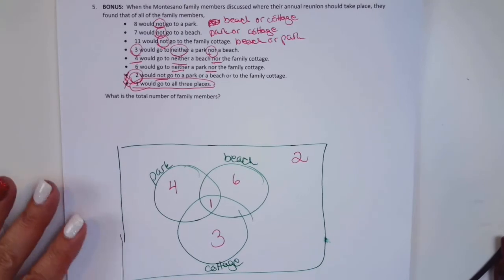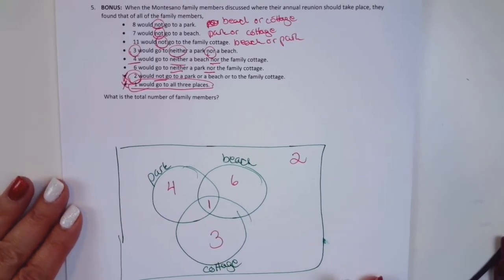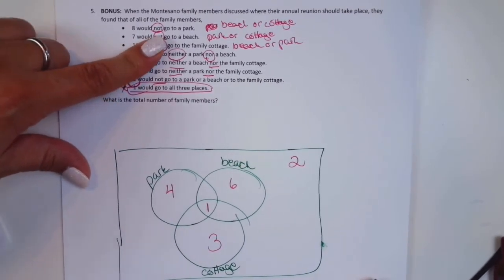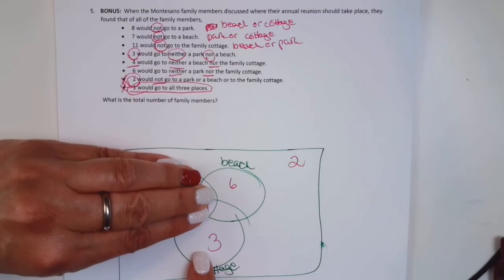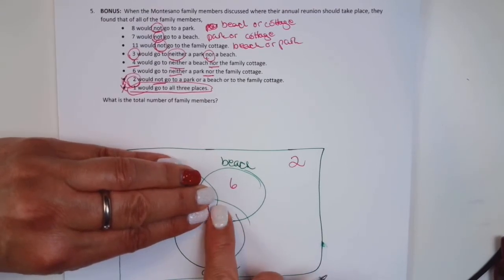Okay, so now since 8 would not go to a park, we want to rule out the park, but they would go to beach or cottage.